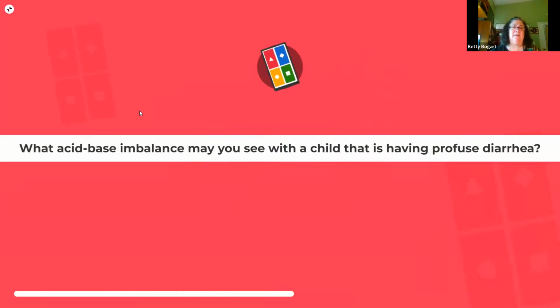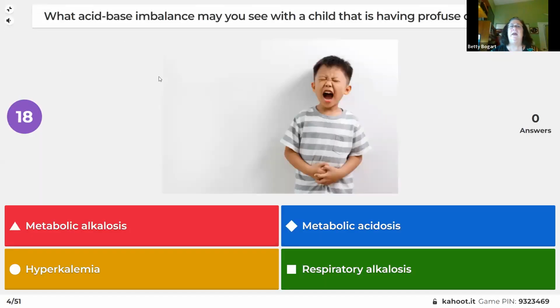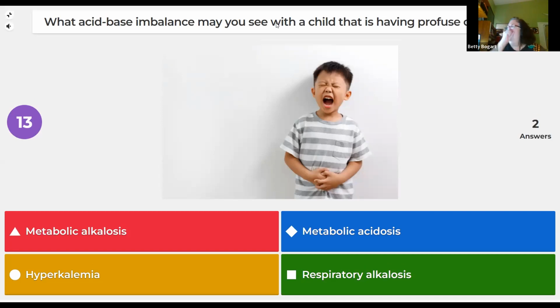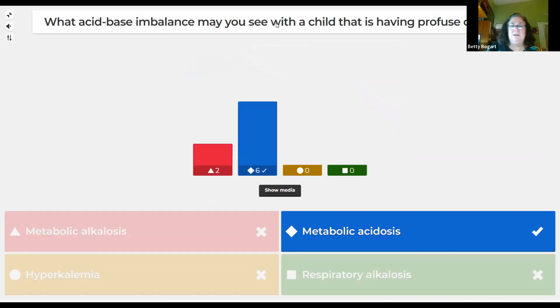What acid-base imbalance might you see with a child who's having profuse diarrhea? So we are in a metabolic acidosis when you are having profuse diarrhea.